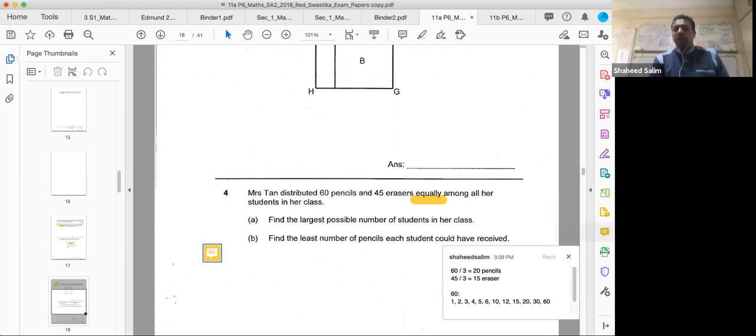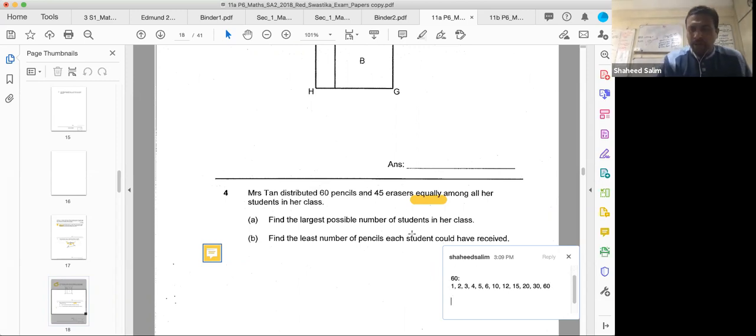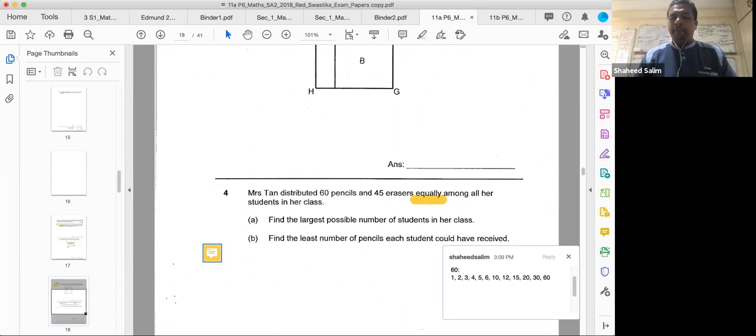In order to get the biggest number, you divide by the smallest one. Imagine in the whole class there's only 1 person. He will take all the 60 pencils and all the 45 erasers. So now I also write down the factors of 45. 1, 2 cannot, 3 can, 4 cannot, 5 can, 6 cannot, 7 cannot, 8 cannot, 9 can, 9 times 5 is 45.